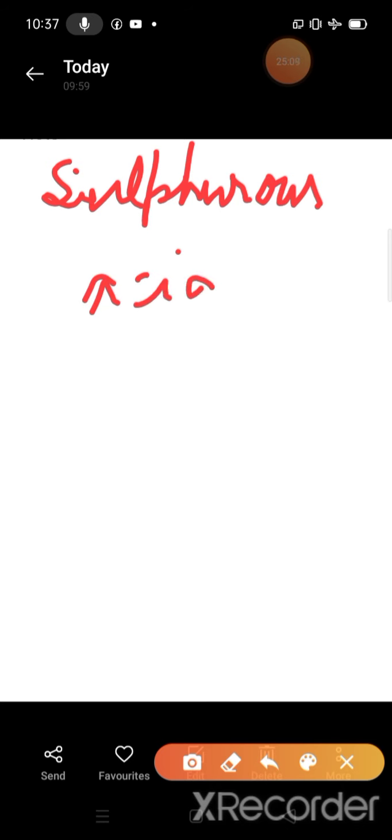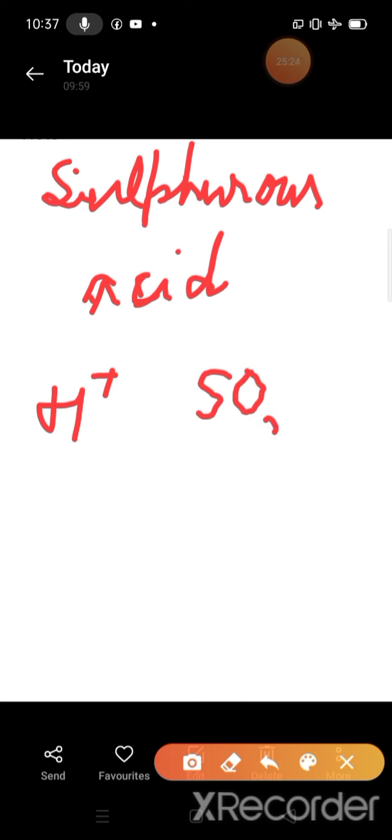Us is replaced with ite, so it is named sulfite. H positive has valency 1 and sulfite has valency 2. Valencies are cross transferred. The formula of sulfurous acid is H2SO3.